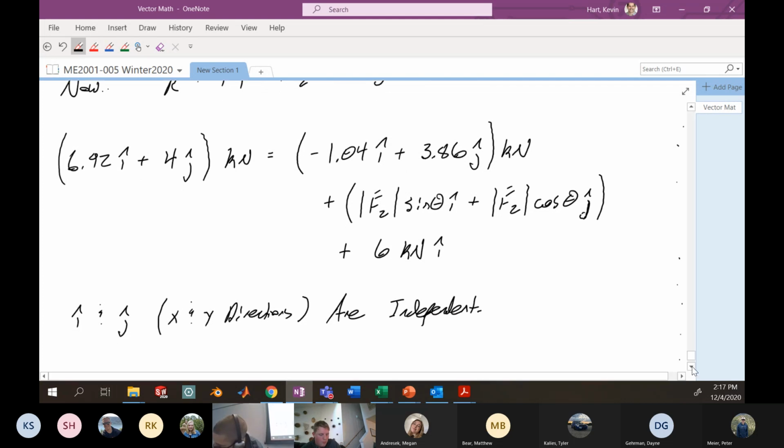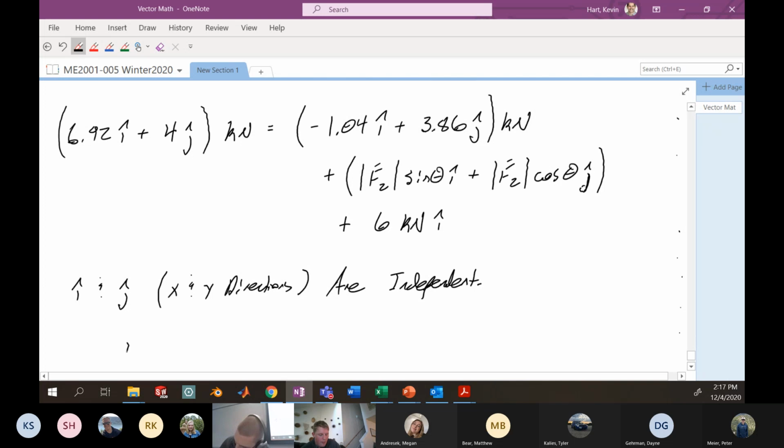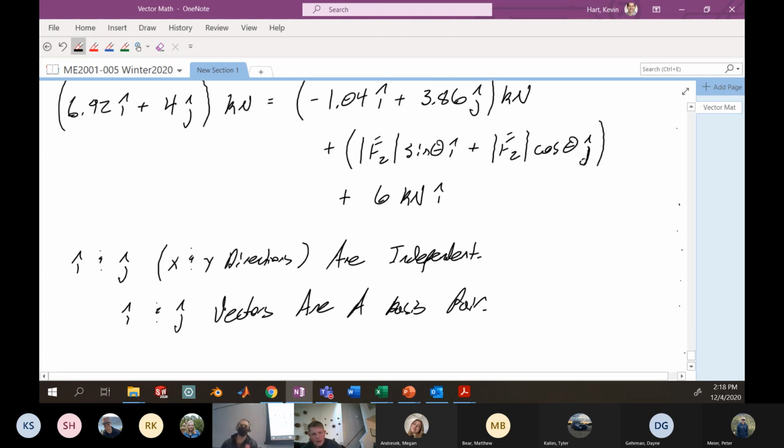In traditional math speak, we would say that i and j vectors are a basis pair. When you get through your advanced math classes, that'll make a little more sense, but it's a pair of vectors that gives you the whole range of the two-dimensional space to work with.